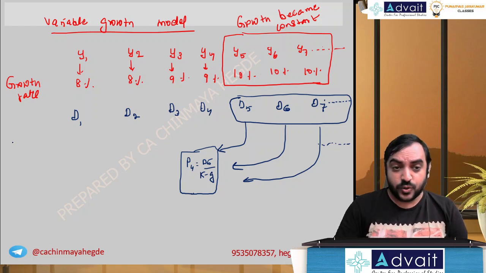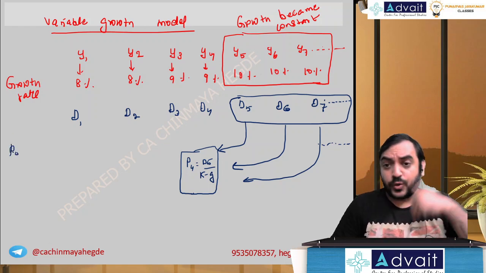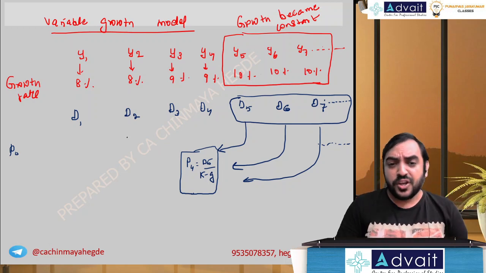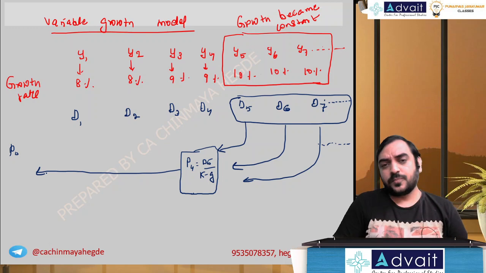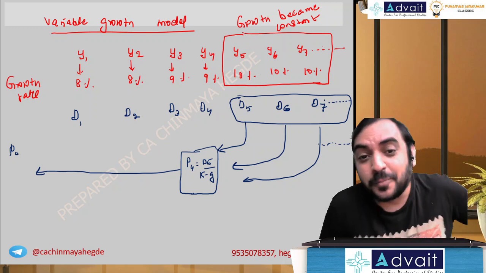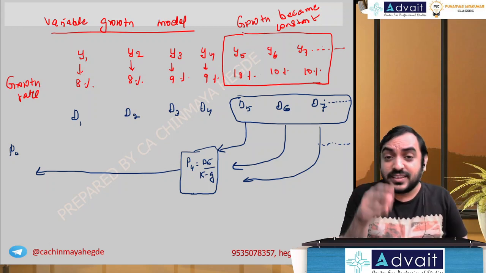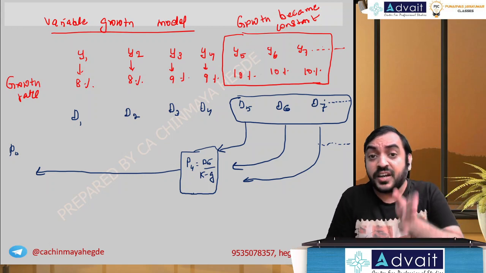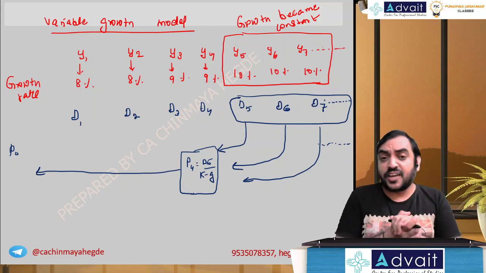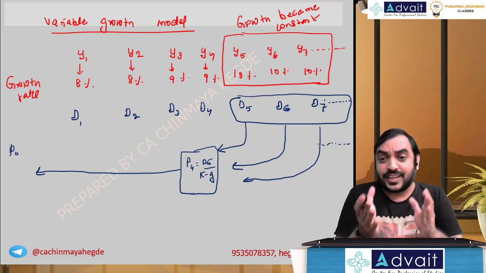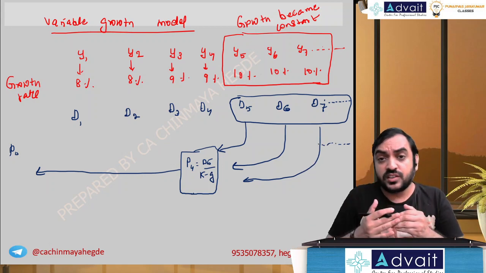But I need P0, today's value. What should I do? From P4, I bring it back to P0, 4 years back. But one problem is there. This considers only dividends from year 5 onwards. You can see in the graph, in the PPT, it considers only D5 onwards dividends.